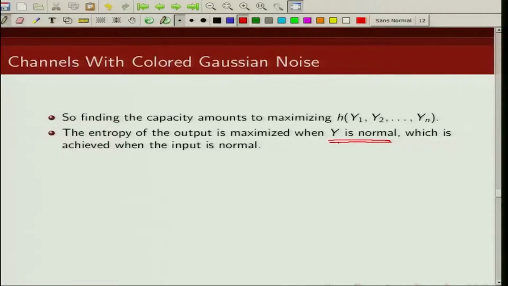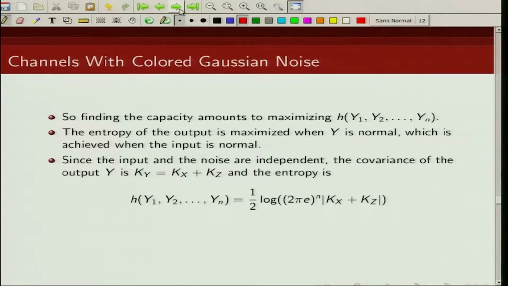So the entropy is maximized when y is normal distributed, which is achieved when input is also normal distributed. Now since input and noise are independent, the covariance of the output, denoted by K of y, is equal to K of x, which is the covariance of the input, plus covariance of the noise, which is K of z.